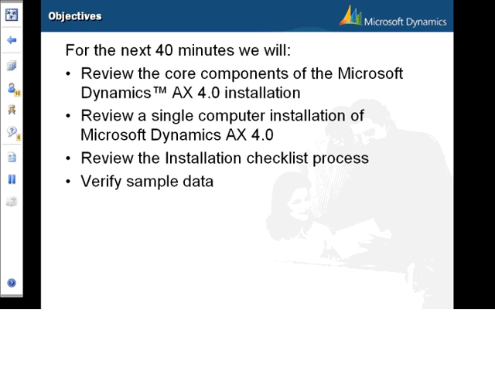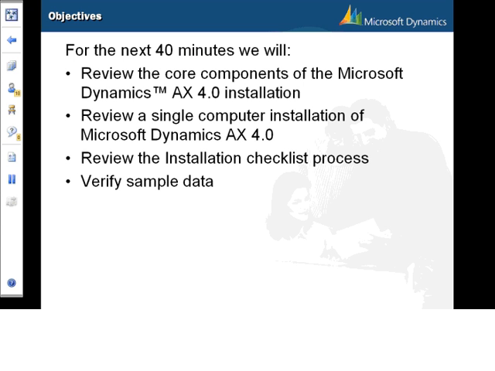This section starts with an overview of the core components of a Microsoft Dynamics AX installation. The core components of the installation include Application Object Server, Program File Server, Database Client. A single computer installation for test demo environment is then completed. After Microsoft Dynamics AX is installed, the functions on the installation checklist are completed.